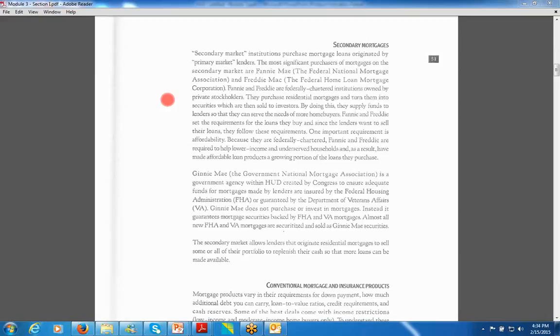Now, the thing that you need to understand is whatever is in your agreement that you signed up to, that agreement still stands. No terms of your loan change because the ownership of the loan changes hands. No terms of your loan can change because it's being serviced by someone else.